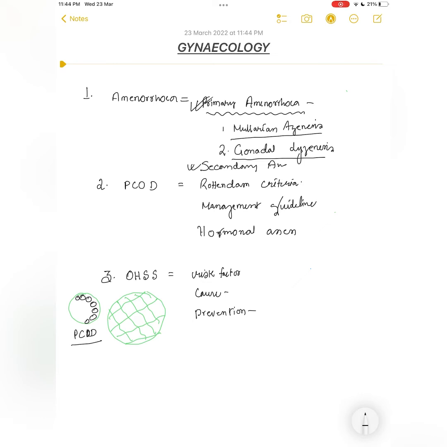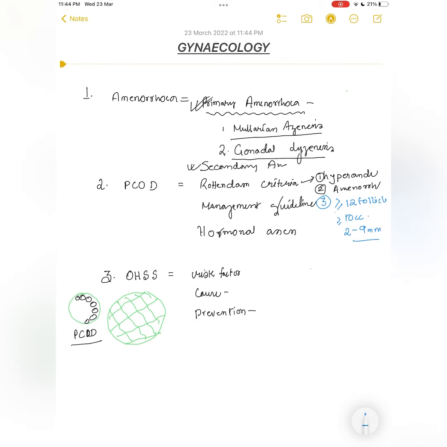Firstly, the Rotterdam criteria. Three things are present: hyperandrogenism, amenorrhea, and third the USG criteria, that is more than 12 follicles, or ovarian volume more than or equal to 10 cc, with follicles 2 to 9 millimeter in size.